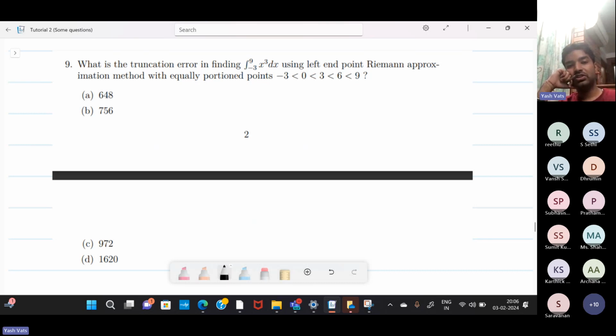So what is the truncation error using the left endpoint Riemann approximation method with equally partitioned points? How to find the truncation error here? Is it the absolute error, or anything else? Where do we use truncation error?